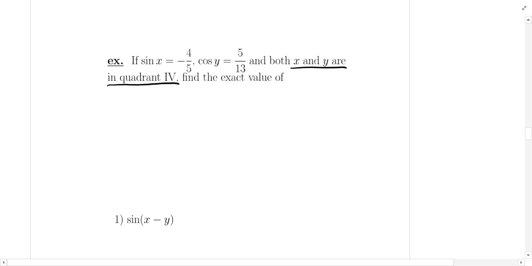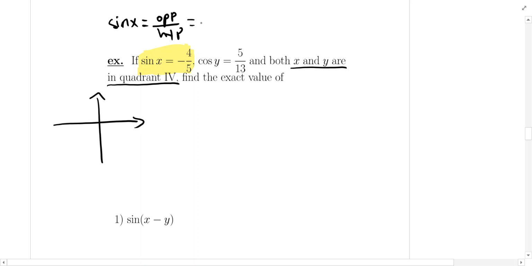So let's see. Sine of x is negative 4/5. I know that sine in terms of opposite, hypotenuse, and adjacent, sine is opposite over hypotenuse. Okay, so we are told that these angles x and y are in quadrant 4.